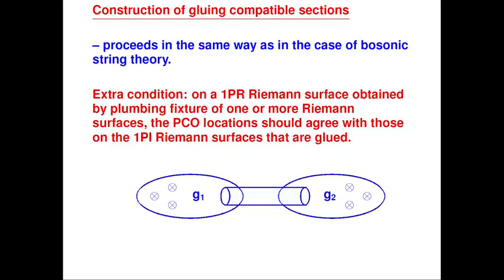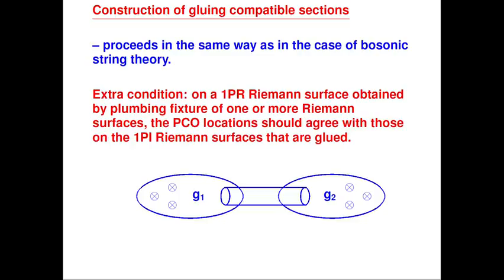So if the original surface had some set of picture changing operators here and here, then on the glued surface the picture changing operators should be exactly as induced from this gluing. So this is the additional condition that we put on the gluing compatibility. Otherwise, whatever conditions we impose for the bosonic case holds. Is this clear?